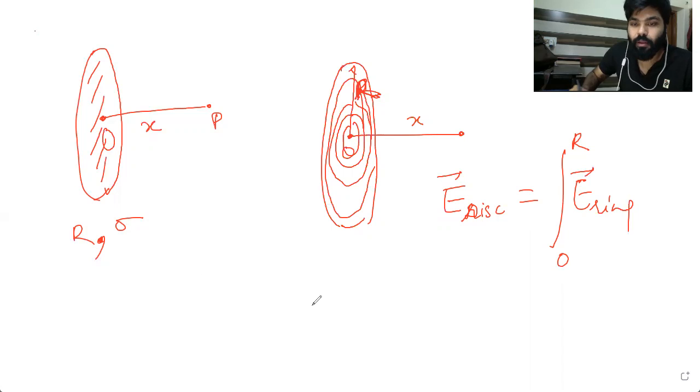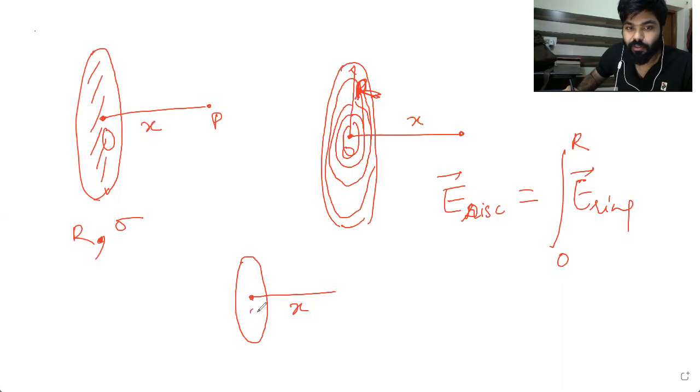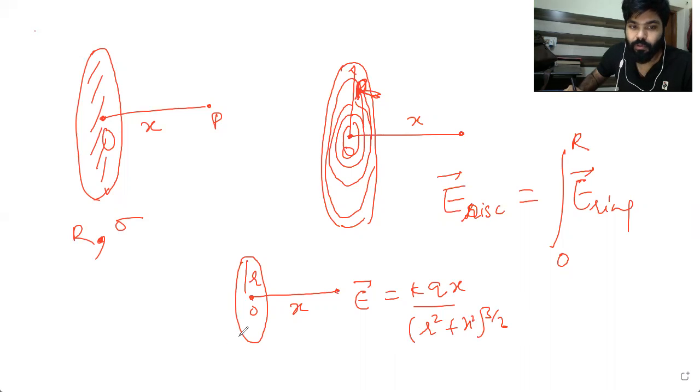And as you know, the electric field of a ring at a distance x from its center, having radius r, is k times charge on ring times distance x over (r square plus x square) whole raised to the power 3 by 2.